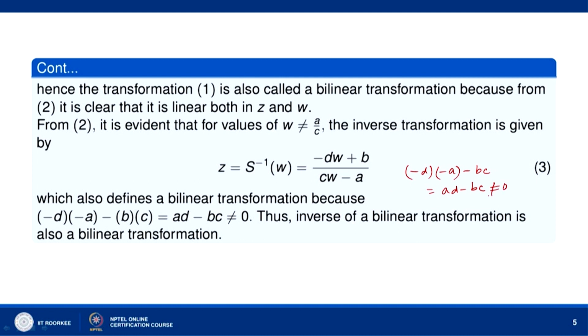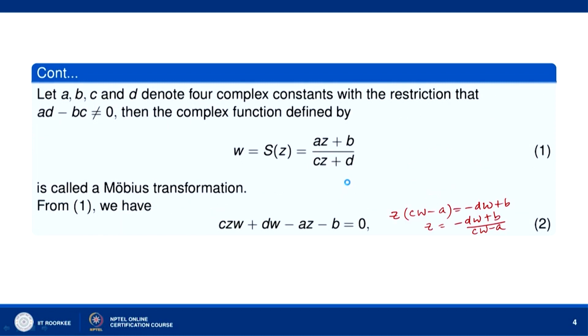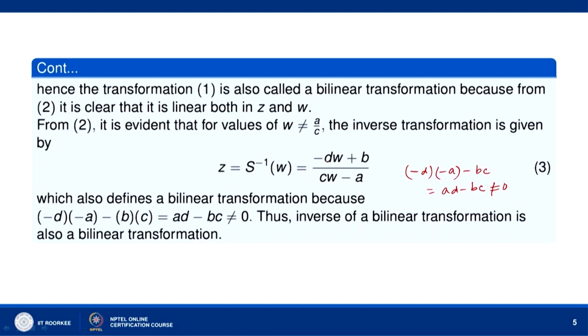So, z equal to (minus dw plus b) over (cw minus a) is also a bilinear transformation. You can see how: we said that w equal to (az plus b) over (cz plus d), where ad minus bc is not equal to 0. Here also minus d into minus a minus b into c is non-zero. So, it also defines a bilinear transformation, and thus the inverse of a bilinear transformation is also a bilinear transformation.